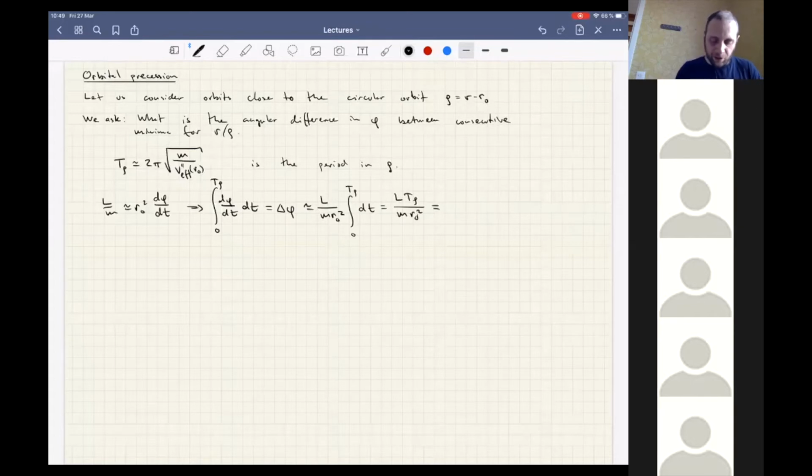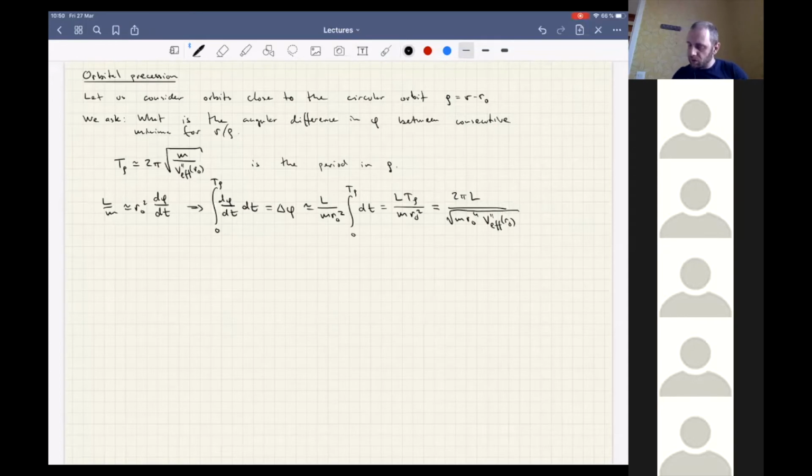And if I insert my expression for T rho from before, we end up with 2 pi L divided by m R0 to the fourth, times the square root of the second derivative of the effective potential at R0.